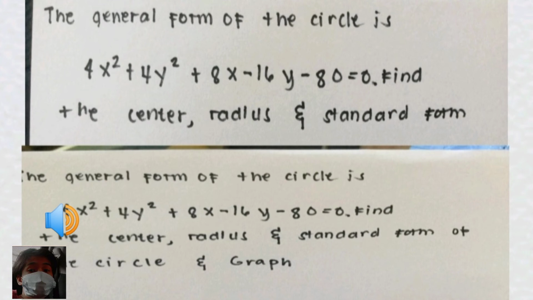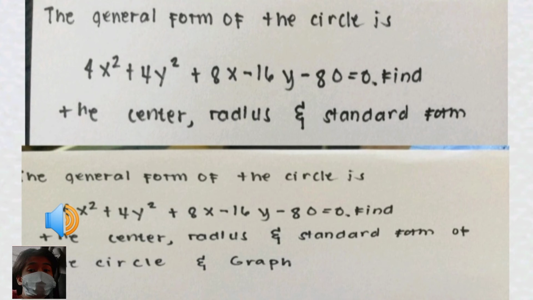The equation is divisible by 4, so we can reduce our given. The equation is divisible by 4, so divide by 4. This will become 4x squared divided by 4 will become 1x squared, or simply x squared, plus 4 divided by 4 is 1y squared, plus 8 divided by 4 becomes 2x, minus 16 divided by 4, that is 4y.